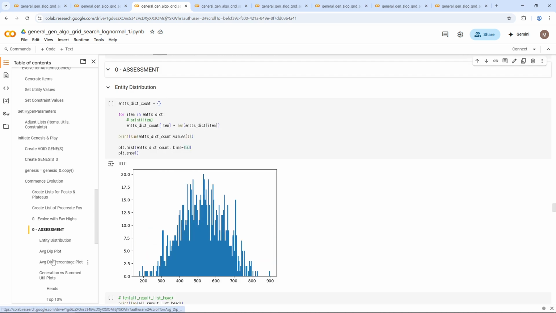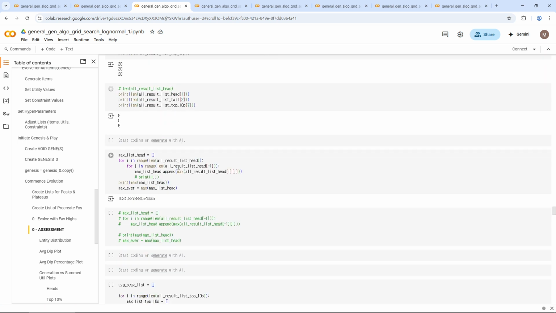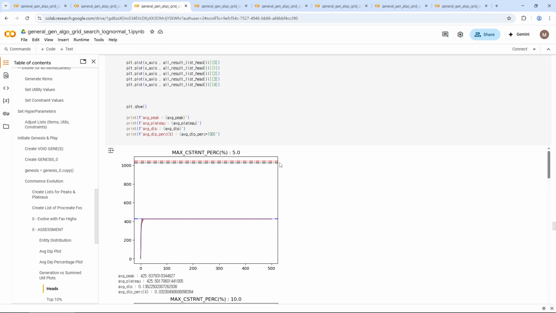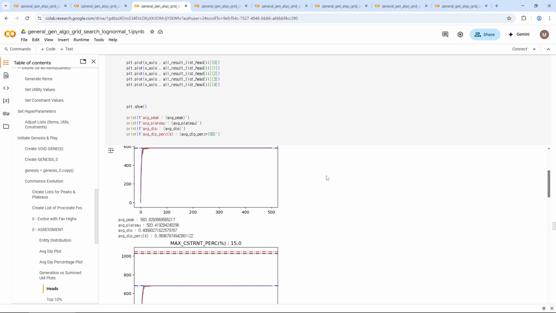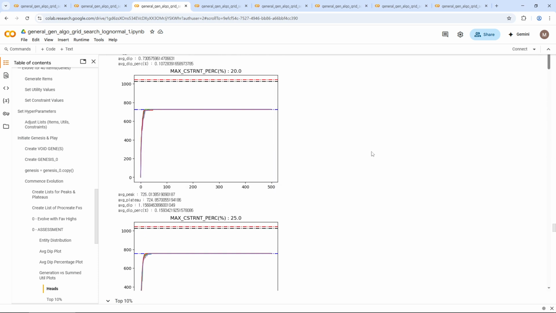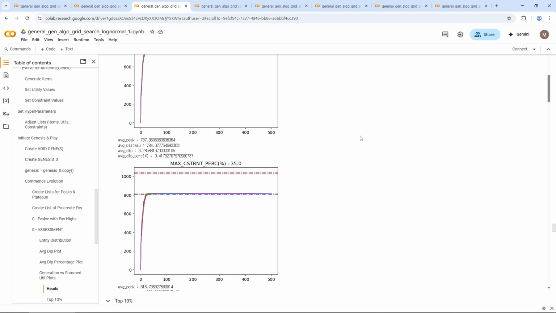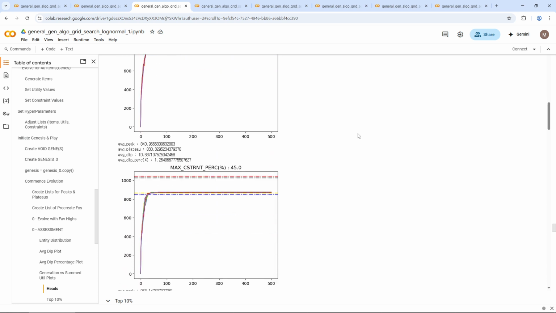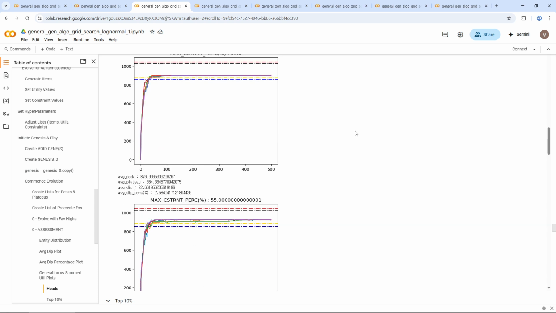Maximum ever, what was the maximum ever? 1024. And the red one is the total sum of utility values. So let's see when we hit that maximum ever.